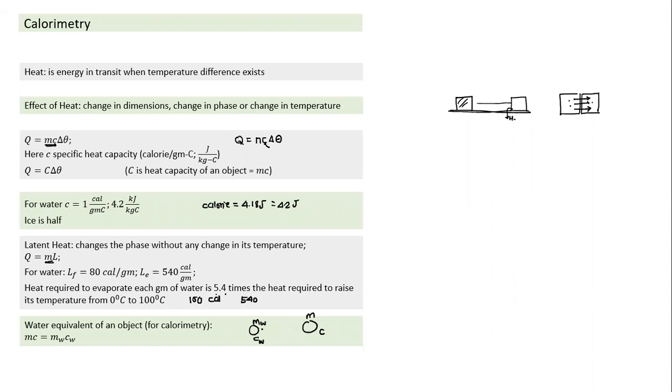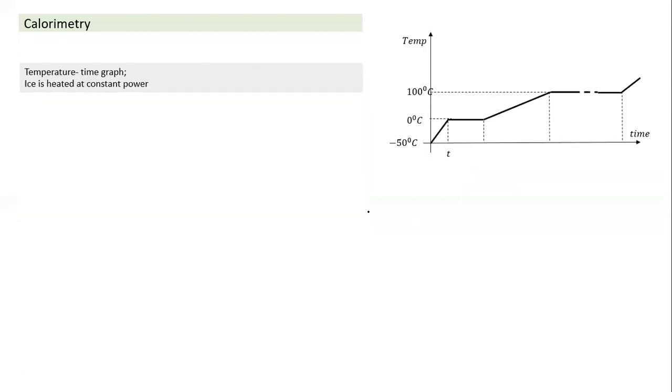If they have equal heat capacities, for the same amount of heat given, the change in temperature will also be equal. So when we take the water equivalent of an object, this is the equation we use. How much mass of water is equivalent to a given mass of object having a specific heat capacity C? MW will be equal to MC by CW, which we'll use in some of the questions.